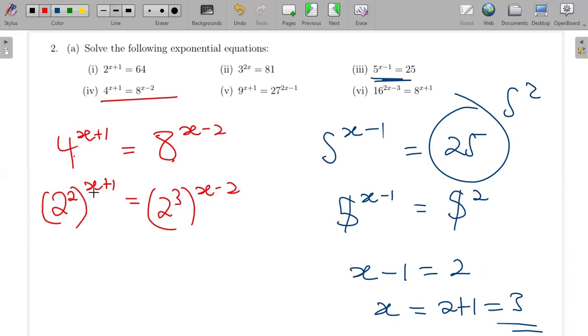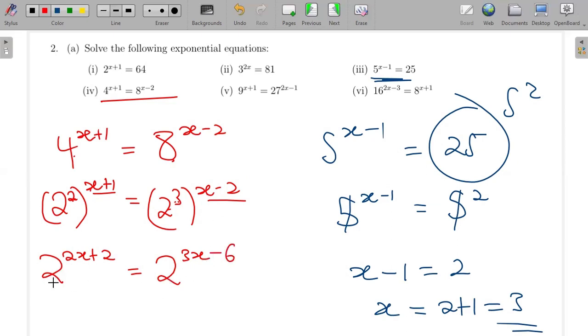From the laws of exponents, we said we can distribute this power to whatever we have outside, right? So this is going to be 2, and here 2 multiplied by x will be 2x, and 2 multiplied by 1 will be plus 2, equals to 2, and then 3 multiplied by x to be 3x, and 3 multiplied by minus 2 will be minus 6.